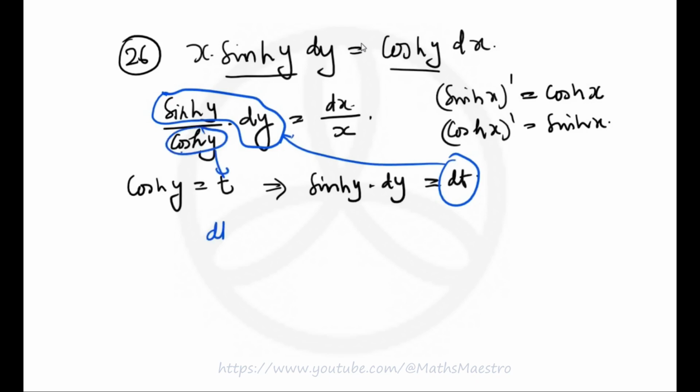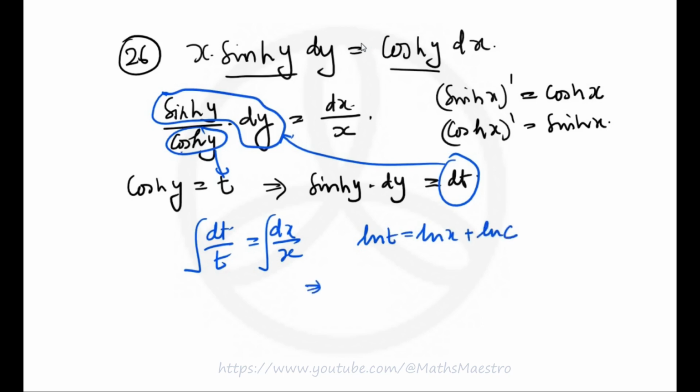So we have dt/t is equal to dx/x. Apply integration on both the sides and we will have ln t is equal to ln x plus a constant of integration ln c, or ln t is equal to ln of cx, or t is equal to cx.